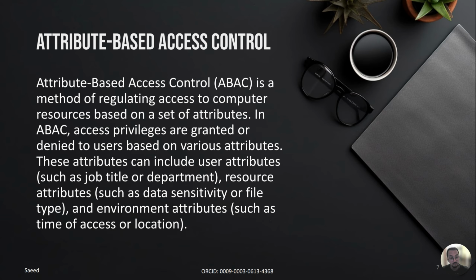This environment-based attribute is important because you don't want someone from the US to access data and files from the UK or Japan, because that's outside of data sovereignty, because every country has its own laws around data.